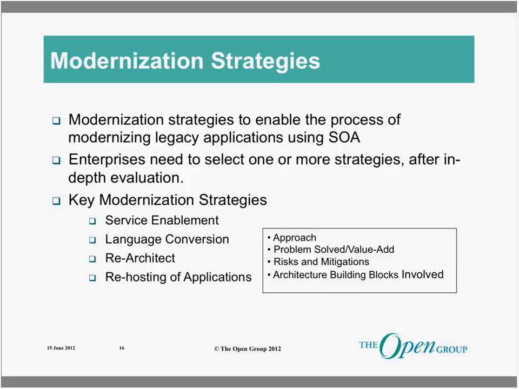Rehosting of legacy applications is for when applications are dispersed in multiple locations, and you have to consolidate into one environment and possibly deploy in a cloud computing environment. So these are the strategies we highlighted in the guide. Next slide, please.